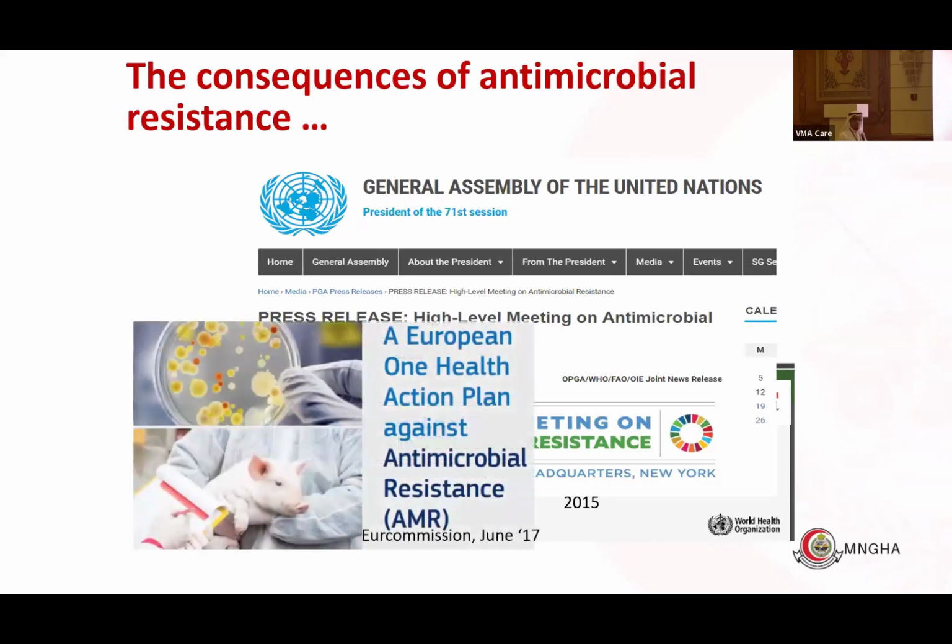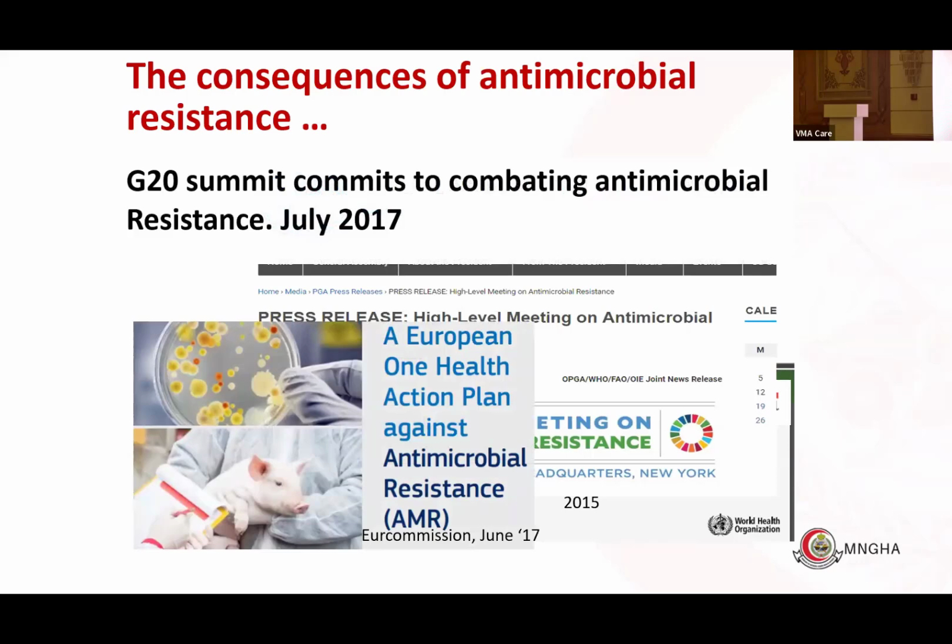Also, Europe created a One Health action plan in 2017 to combat antimicrobial resistance. And in the G20, where most of the agenda is economic, they discussed AMR and the burden of AMR on the healthcare system.